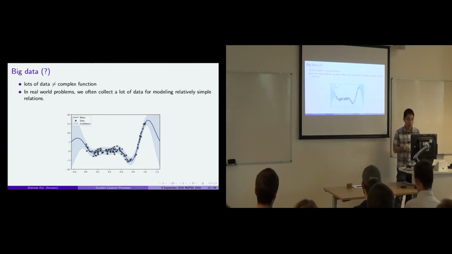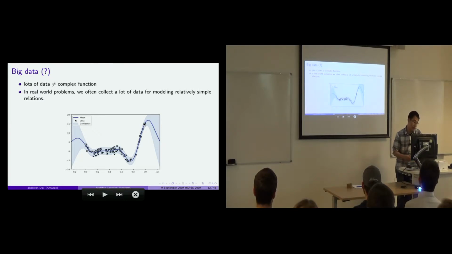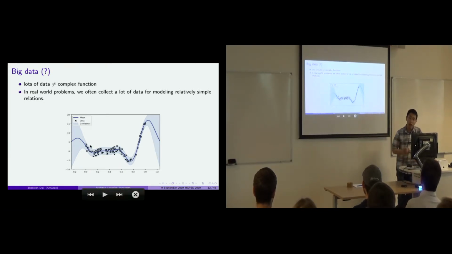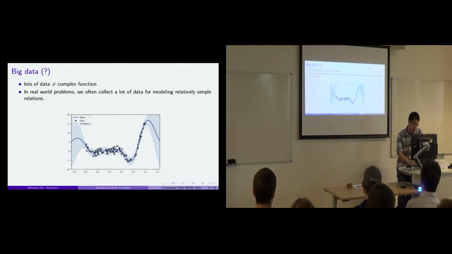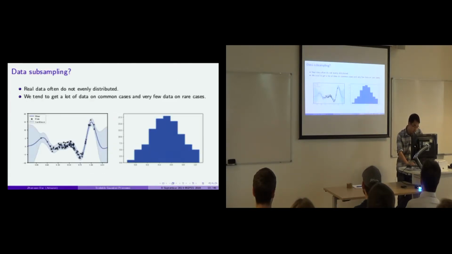That limits the amount of regularity you can actually capture. For example, here I use an example to show that although the function is a quite simple 1D function, we can have a lot of data to represent it. With this huge amount of data, that of course makes the computation very expensive, but that does not actually mean the underlying function is very complicated.